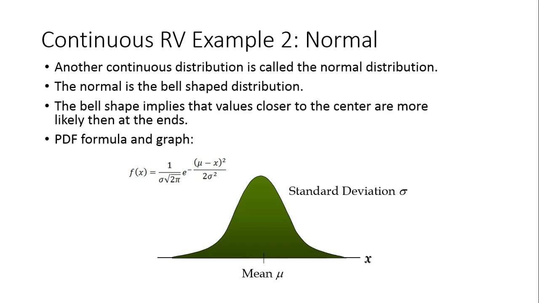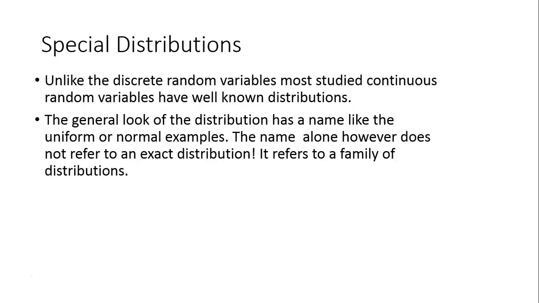So the formula here is a little bit more complicated than the simple 1/8 or 1 over the base formula for the uniform distribution. Unlike the discrete random variables, most studied continuous random variables have well-known distributions.